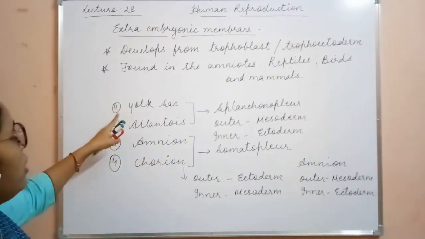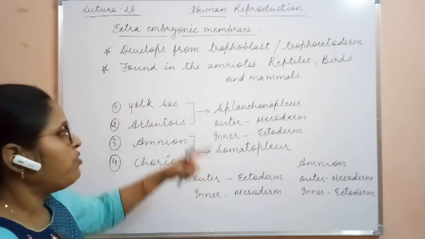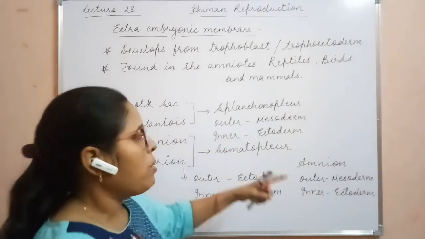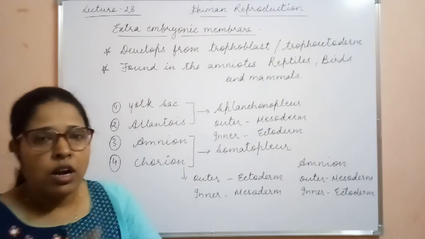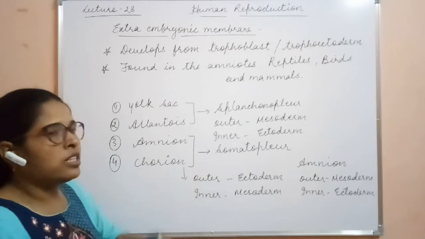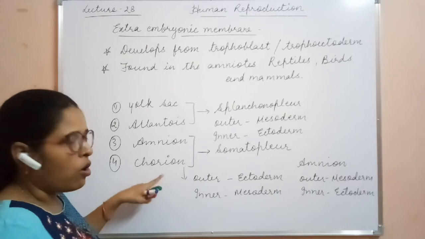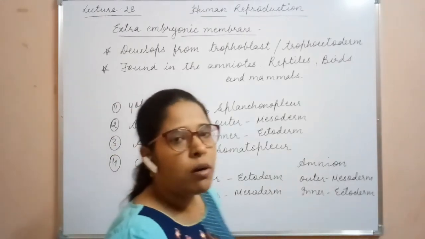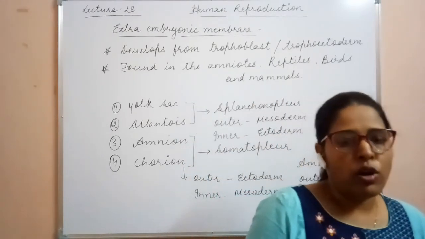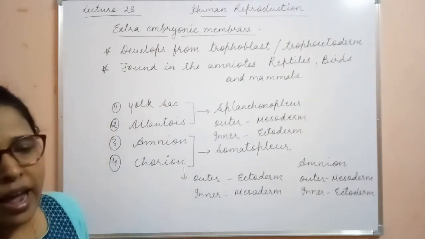So the four membranes: yolk sac and allantois both are developed from splanchnopleure, in which the outer membrane is mesoderm and the inner membrane is ectoderm. And amnion and chorion both develop from somatopleure, in which in case of chorion the outer membrane is ectoderm and the inner membrane is mesoderm, and in case of amnion the outer membrane is mesoderm and the inner membrane is ectoderm.